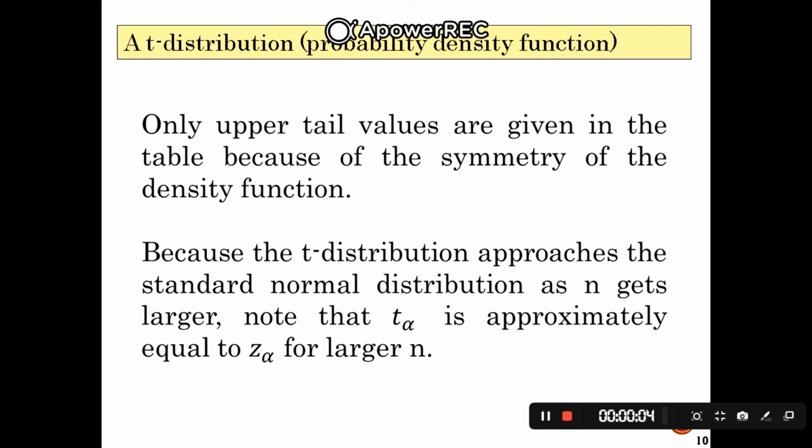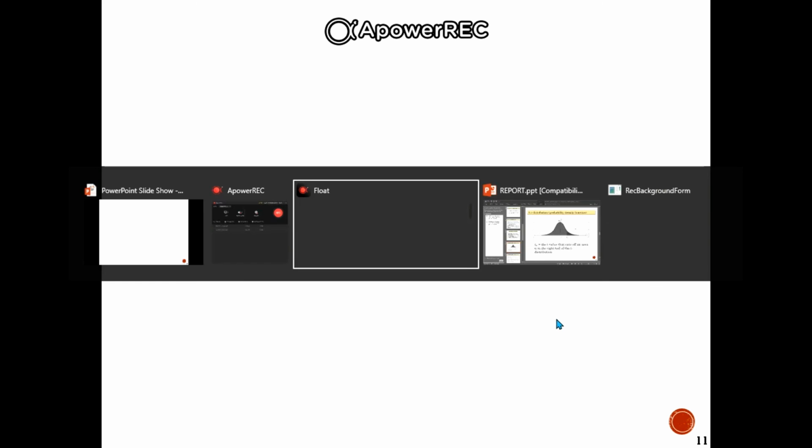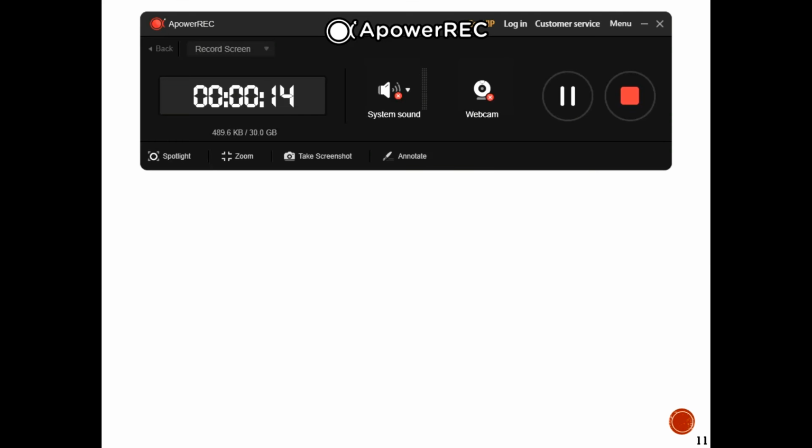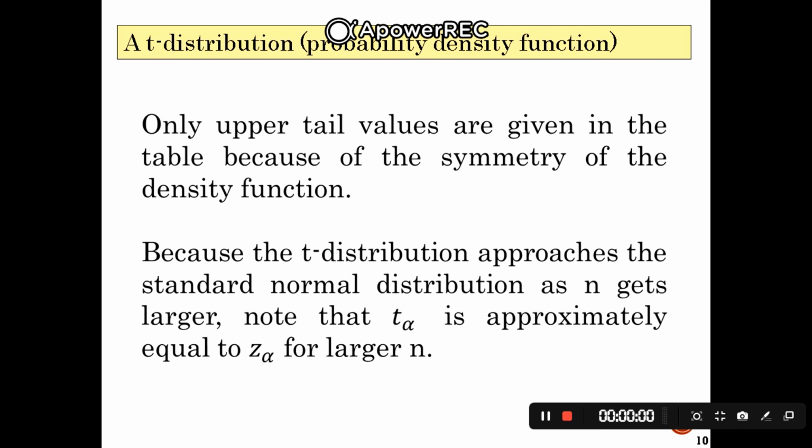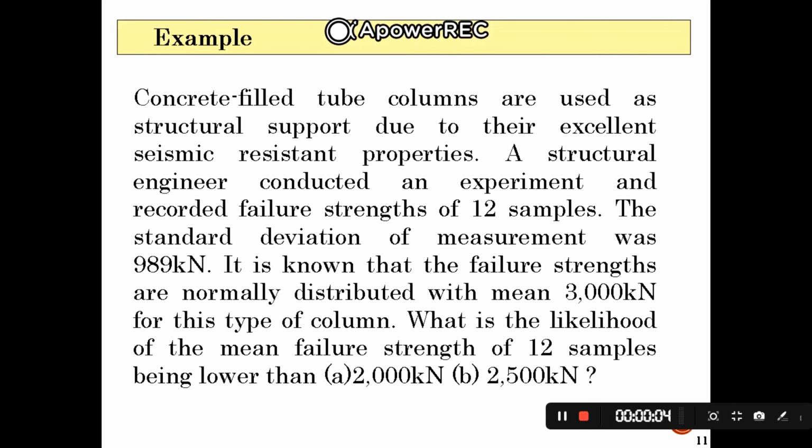Only upper tail values are given in the table because of the symmetry of the density function. Because the t distribution approaches the standard normal distribution as n gets larger, note that t sub alpha is approximately equal to z sub alpha for larger n.